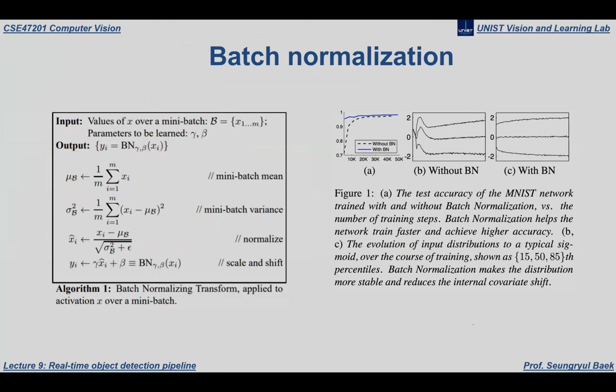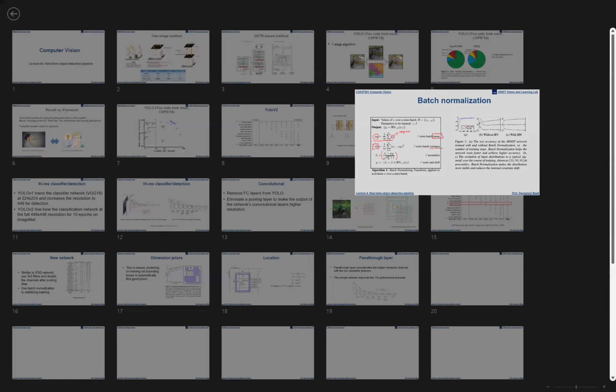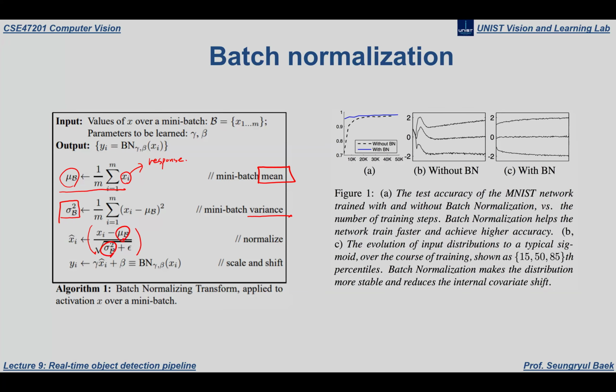Okay, so what they do is, this x_i means the layer's response. Okay, and they first compute the mean of the responses and also compute the variance of each layer's response. Okay. And then they normalize those responses by subtracting the mean and dividing by the variance.